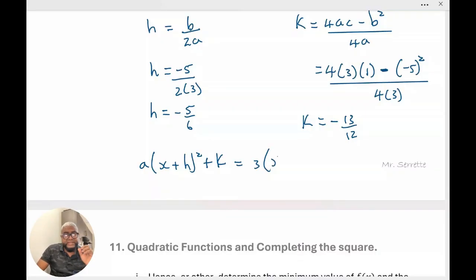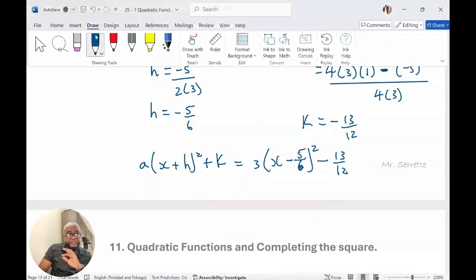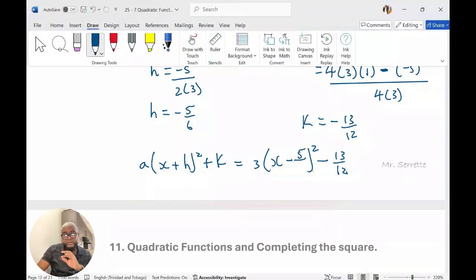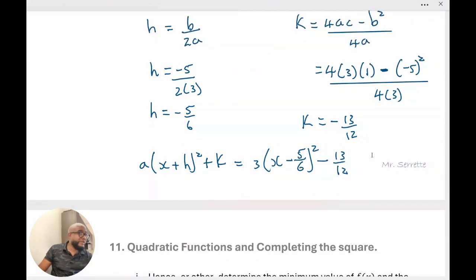Open bracket x plus negative 5 over 6, right? So let's put minus 5 over 6. Everybody good there? And then plus negative 13 over 12. So let's put minus 13 over 12 one time, right? And this will be squared. Everybody good here? I completed the square. All right? Everybody good here?